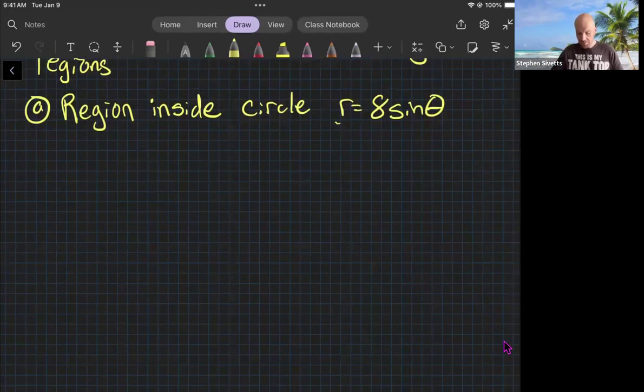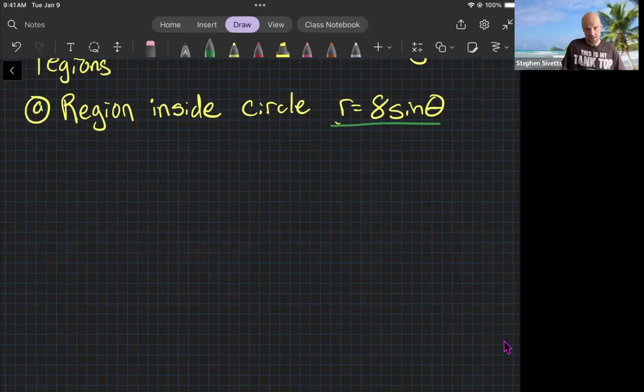Okay, first of all, we have to figure out how to graph this, right? How to draw the polar graph of 8 sine theta. And then after that, we'll formulate the integral for computing this area. All right, so I'll give you a few minutes to work out this example, right? Pause the video and see what you think.